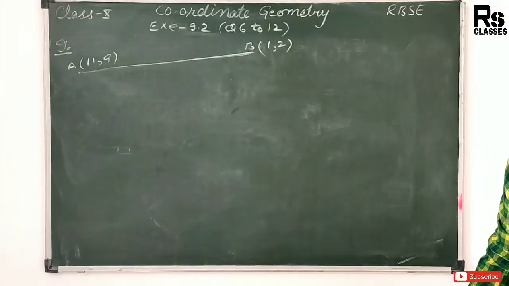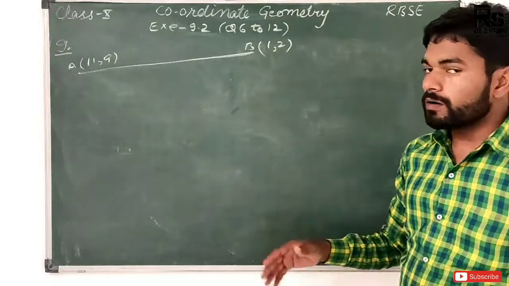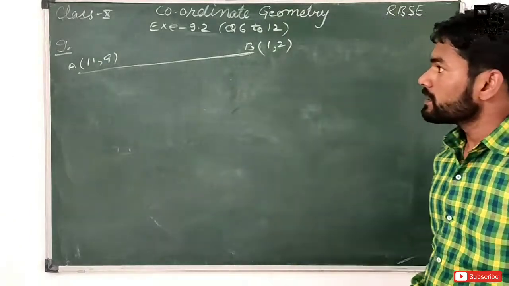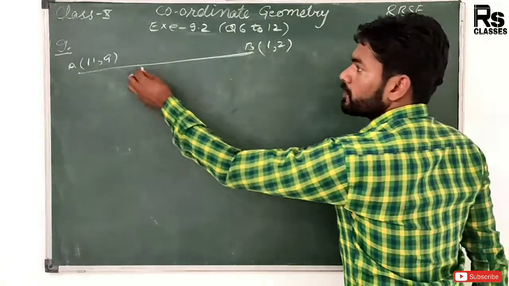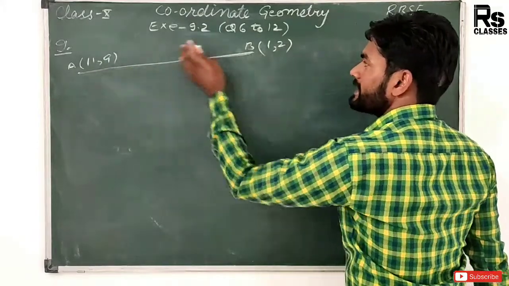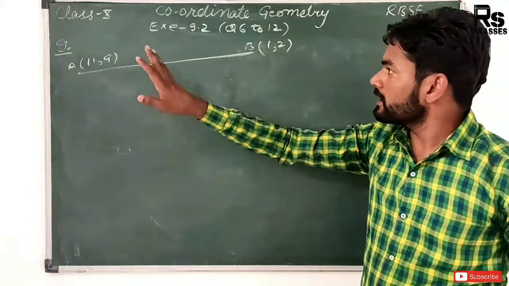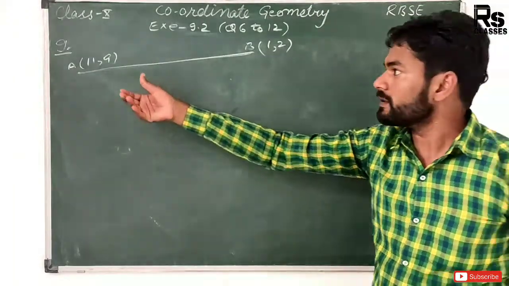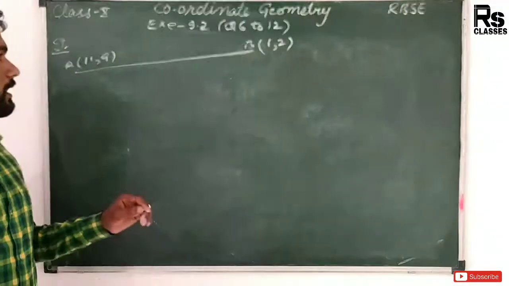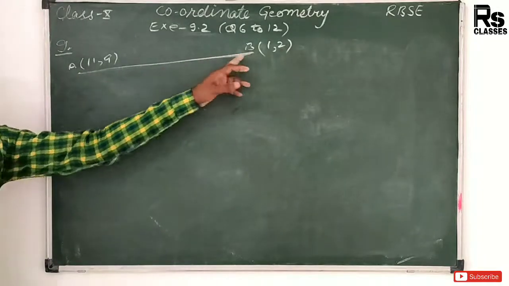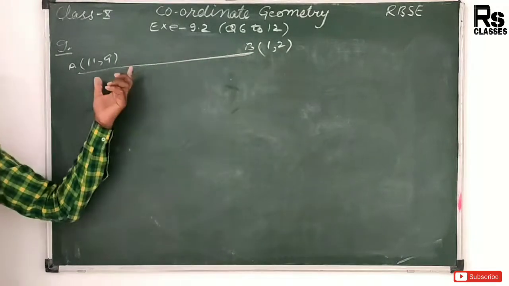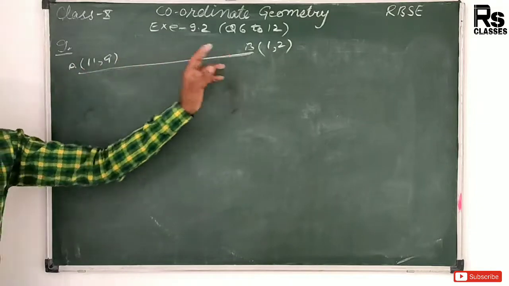We have to find the points which are trisecting this line segment AB. Trisecting means we will consider some points on AB that will divide AB in 3 equal parts.